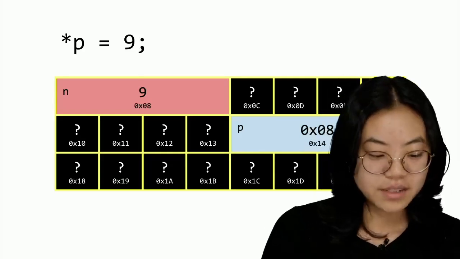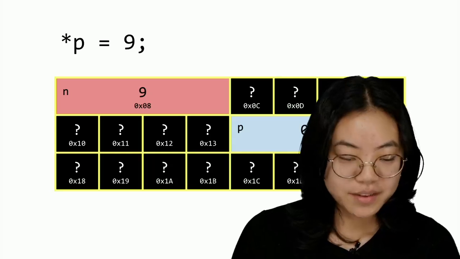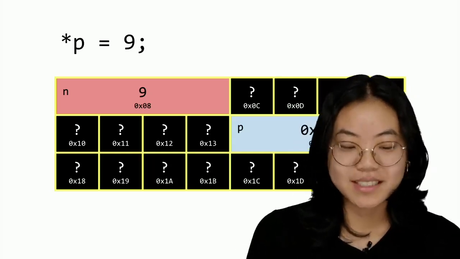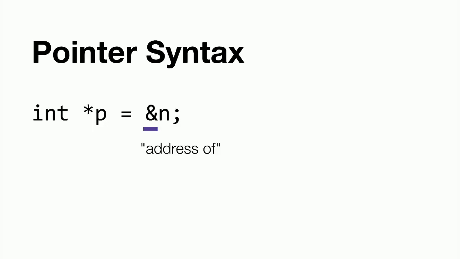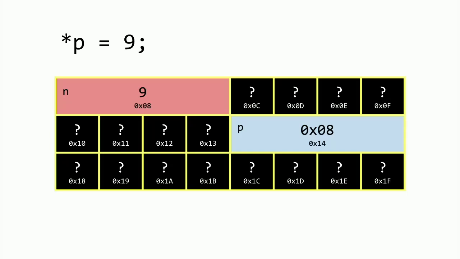And then we have another new piece of syntax: star p equals 9. What's important to note is that the star here is not being used the exact same way as the star we just saw with this declaration. This star means go to, or dereference, the address stored at p.